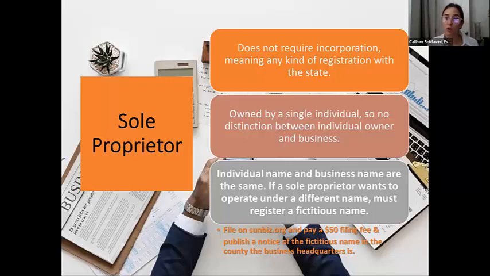In other words, you can only operate under your individual name. So if that's something you're doing, you're definitely going to want to go to sunbiz.org, and I'll bring this up again at the end of our presentation. It's a $50 filing fee for a fictitious name. Again, this is for using a business name that's not your individual name, and only if you're a sole proprietorship does this apply. Make sure that fictitious name is registered.